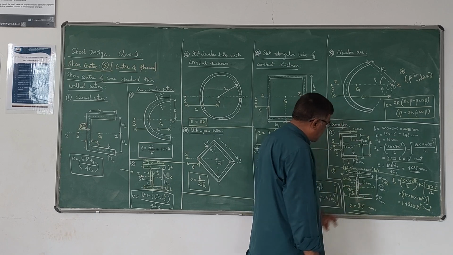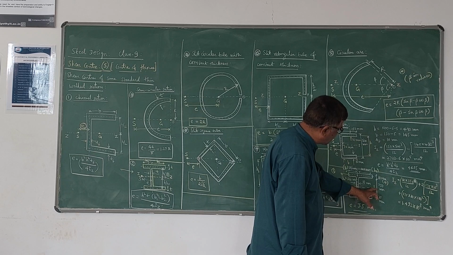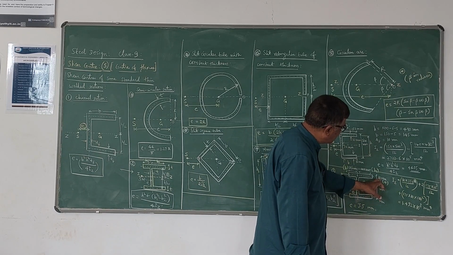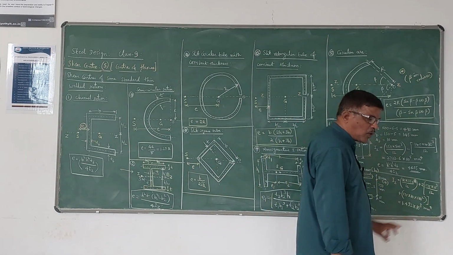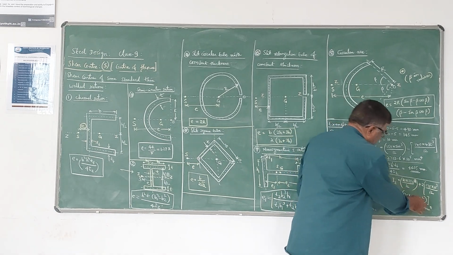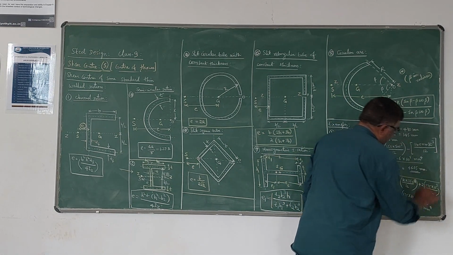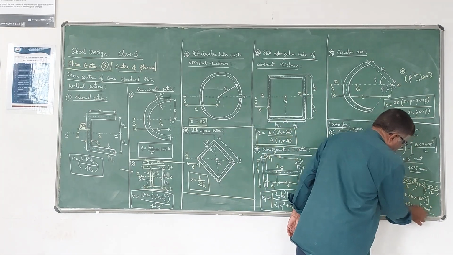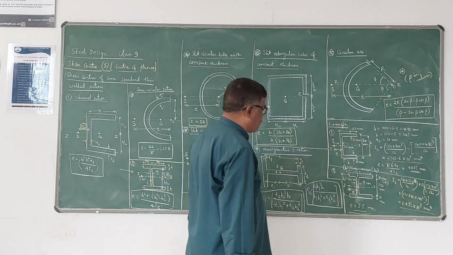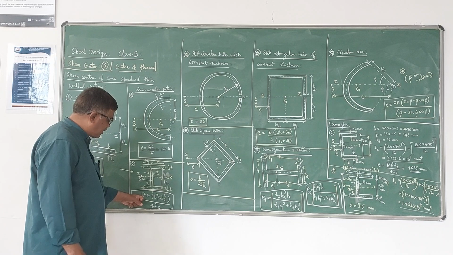That distance is half of 350 plus 10, that is half of 360, which is 180, and we square that. This is the parallel axis theorem we use for the moment of inertia. If you simplify, you are going to get 1.49 into 10 power 8 millimeter power 4.